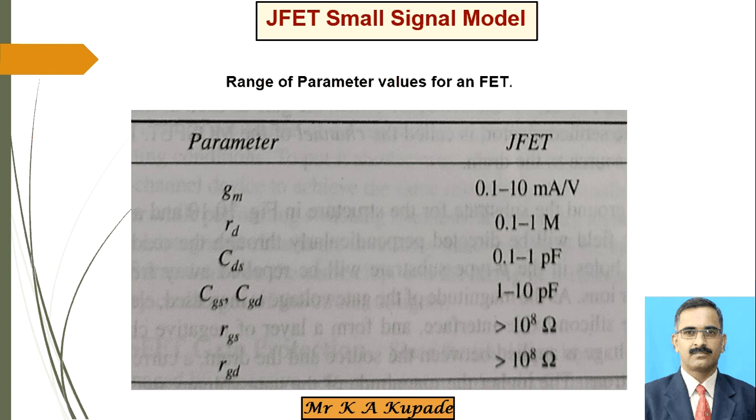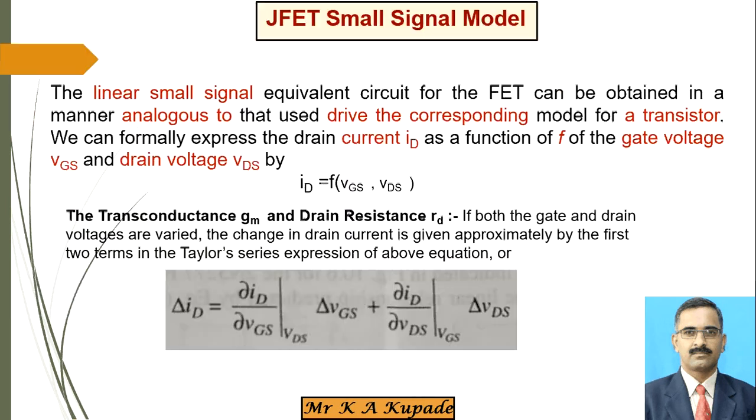So this is all about the small signal model. Today I will show a recap. In this model, we discussed the relation of ID with the varying voltages VGS and VDS. That means ID is a function of VGS and VDS.